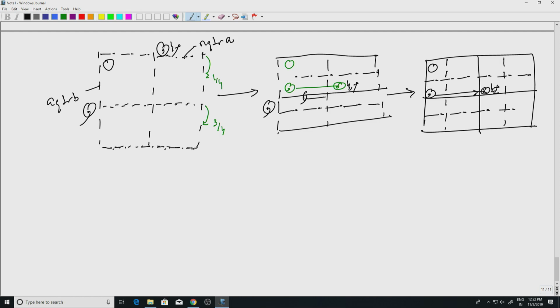This gets reflected here, so this screw is generated here.